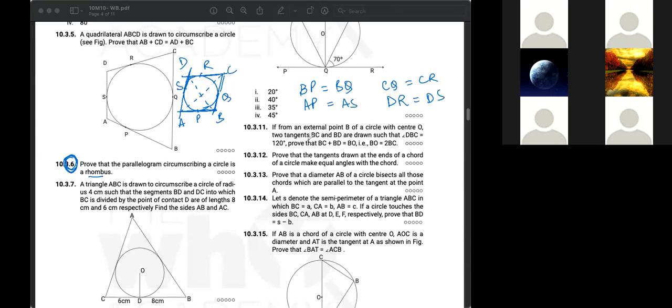So AP plus PB will be equal to BQ plus AS. So here we got AB. Then add CQ, so let CQ be on the other side when you're adding the equation. So BQ plus CQ will become BC. So manipulate it and add it in that way.